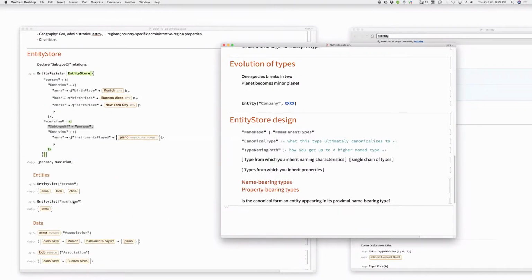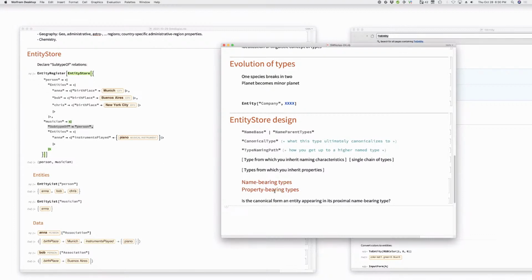But so here, the question is, if you want to pull in, okay. I just don't understand this. What's the point of this? Why do you even care? In other words, if you're simply declaring that this instrument played, what you're trying to do is scope that property name to say that it came from this property-bearing type.